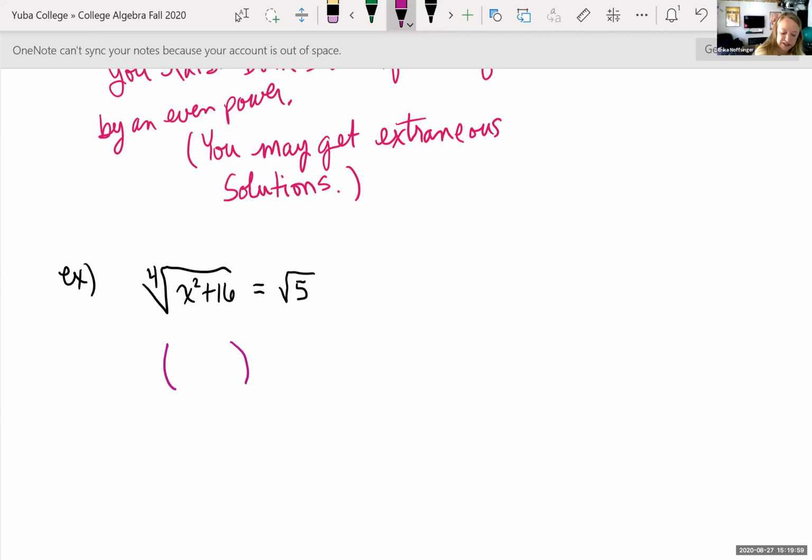The fourth root is the same thing as a 1/4 power. So in here we have x squared plus 16, and this is equal to the square root of 5 rewritten without the radical. This is the same thing as 5 raised to the, if the index is not shown, that's 2, so this is 1/2 power.